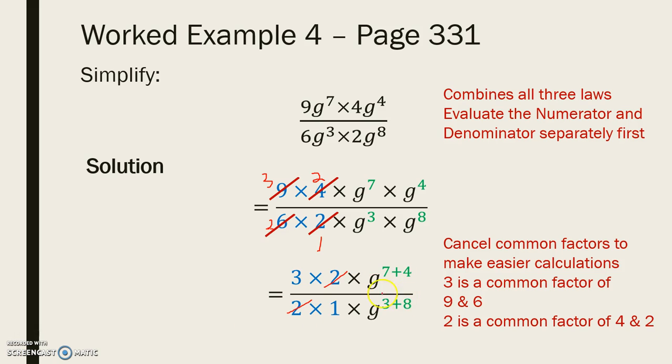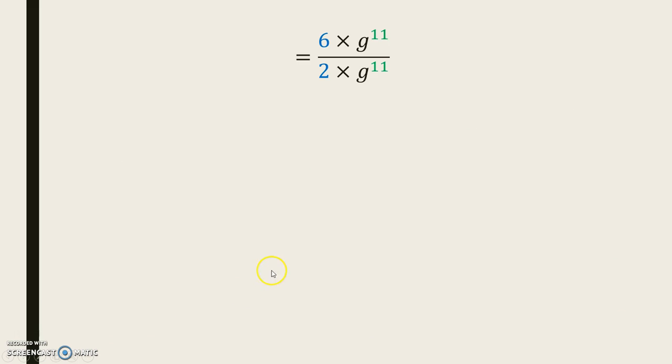Then add the indexes at the top and the bottom, and we get this: 6 times g to the 2 times g to the 9 on top... times g to the 11 on the bottom. So we're dividing, so we're going to subtract those indexes. So 11 take 11, 6 divided by 2 is 3, giving us 3 times g to the power of 0.